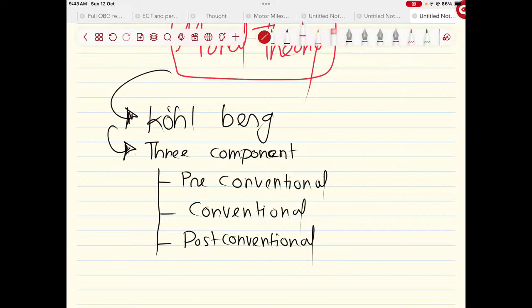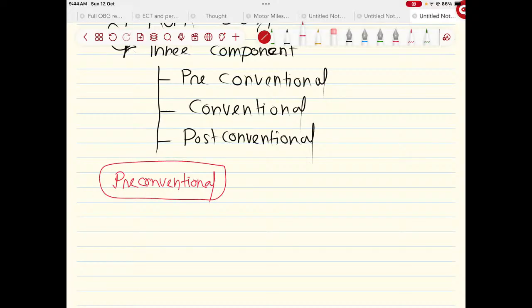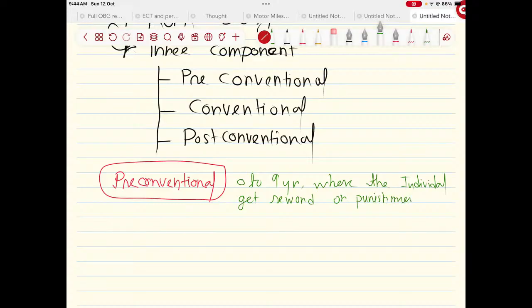So first we write the pre-conventional. In the pre-conventional stage, age 0 to 9 years, the individual gets reward or punishment.